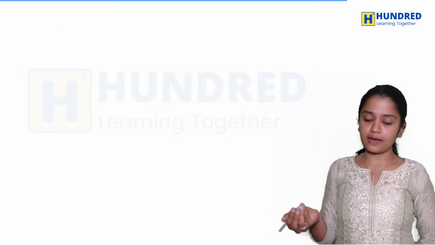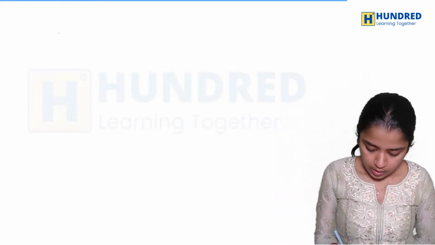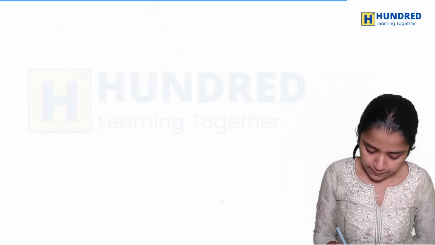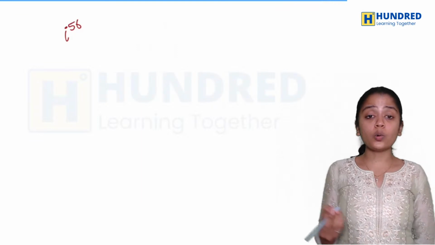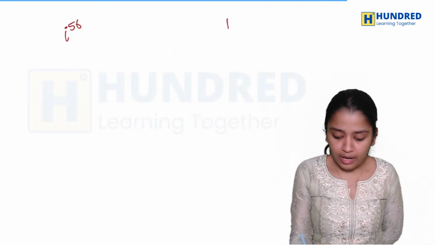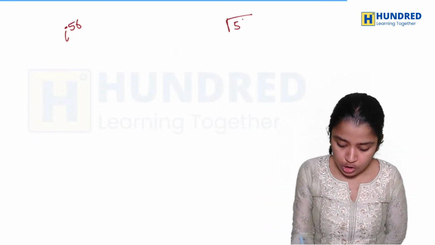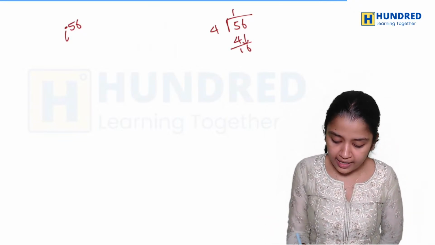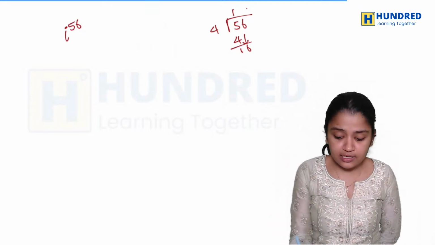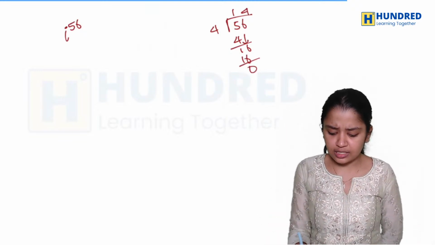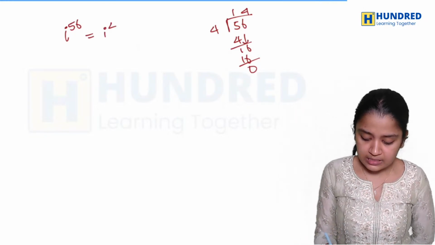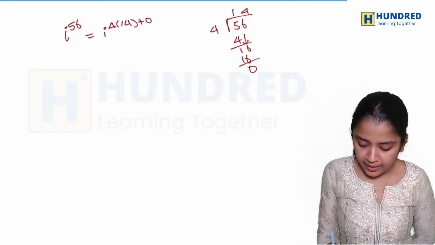For example, if I give you i power 56, how will you do it? Again, you have to divide 56 by 4. 4 times 14 is 56, so you can conclude it as 4 into 14 plus 0.